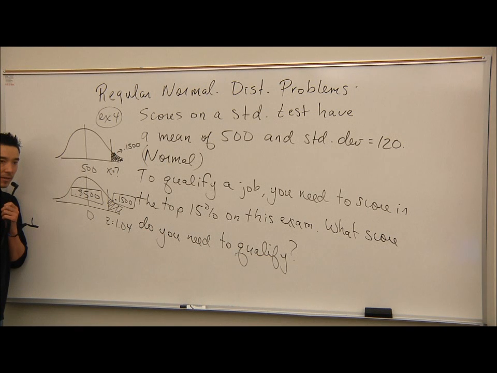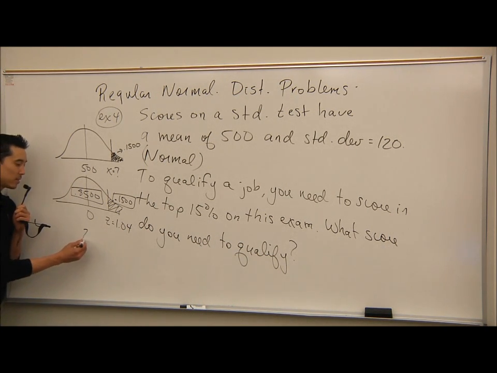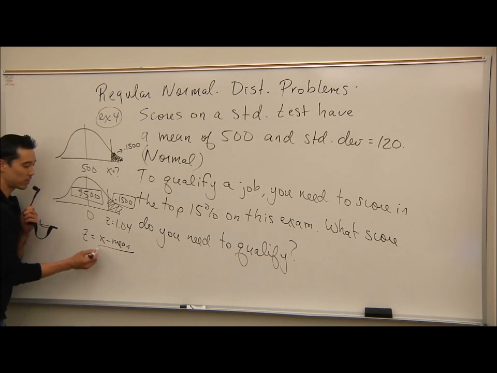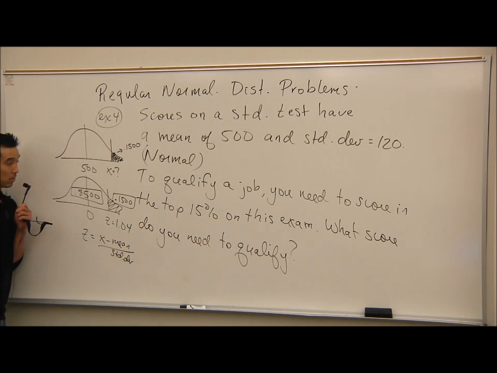All right, here's where your algebra prerequisite comes in, right? So what is the formula? z equals x minus the mean, over the standard deviation. The z value that gives you that area is 1.04, yeah.